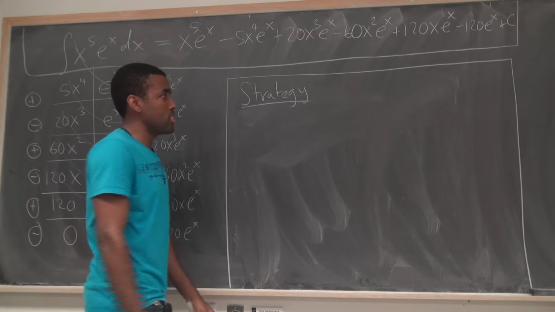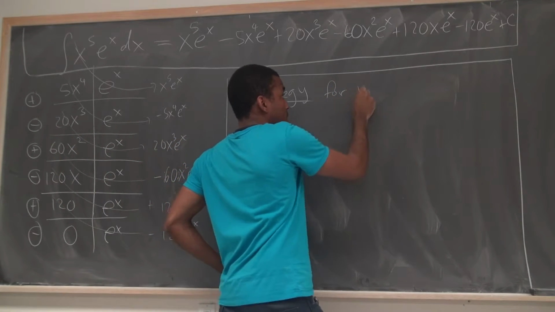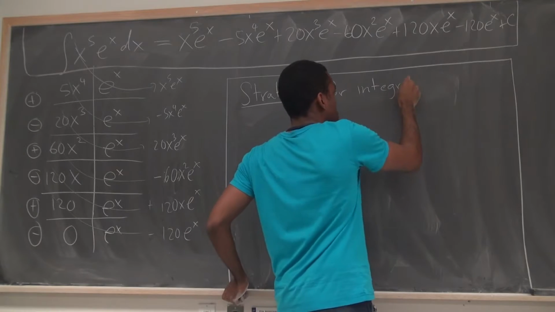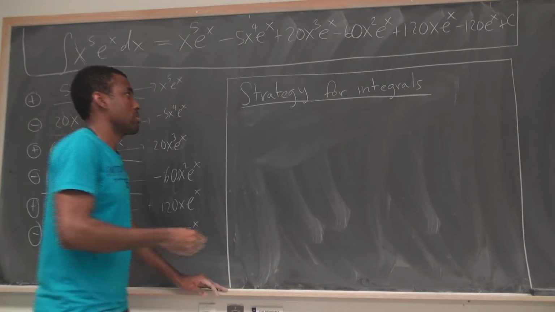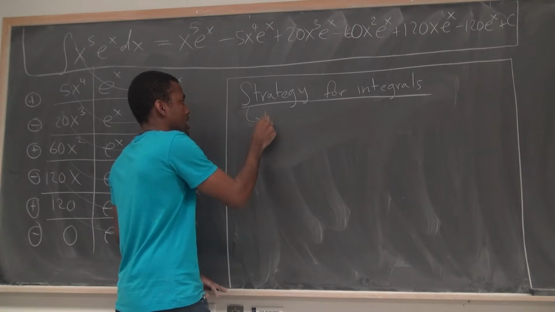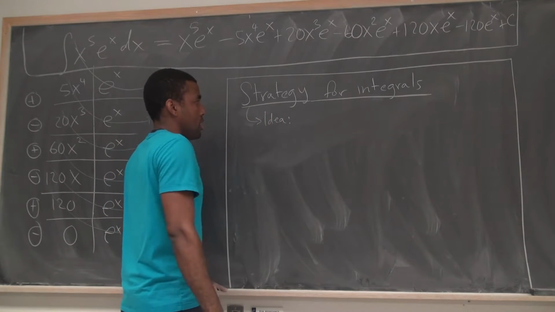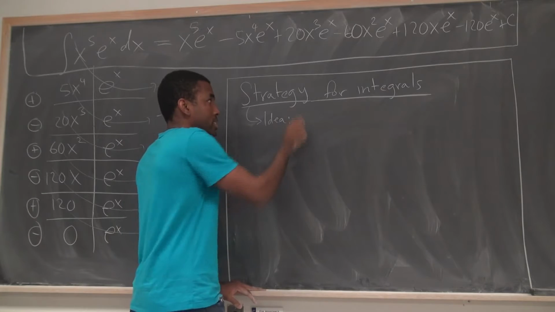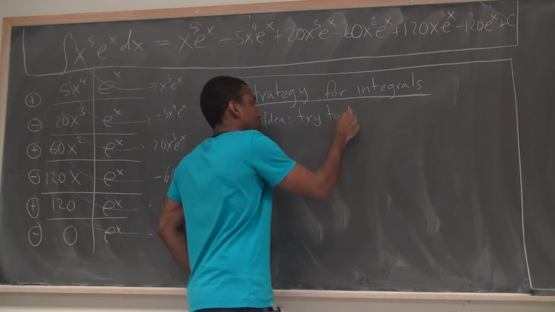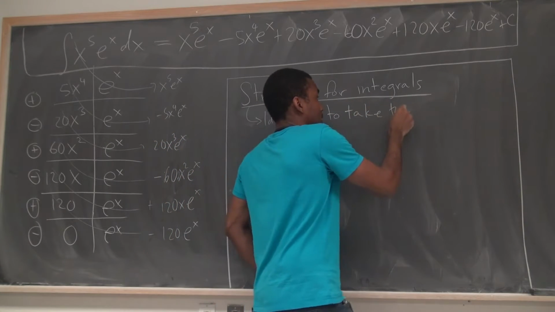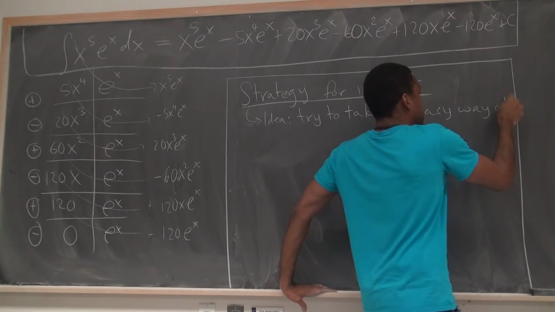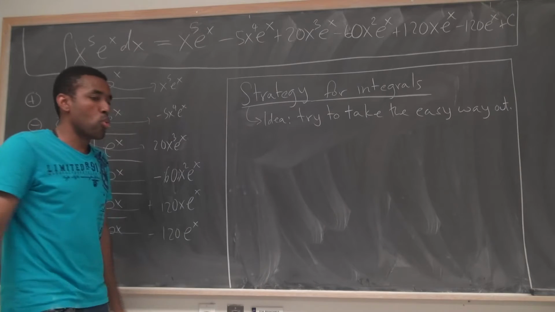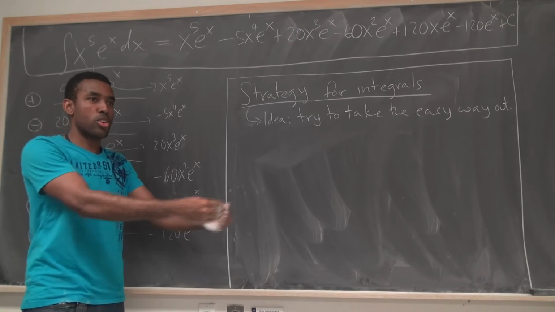Okay, so there's a strategy for integrals, which we're going to keep building up as we add more techniques. The idea is basically: try to take the easy way out. That's how you want to think about it. In general, we're going to be learning techniques in order of difficulty.